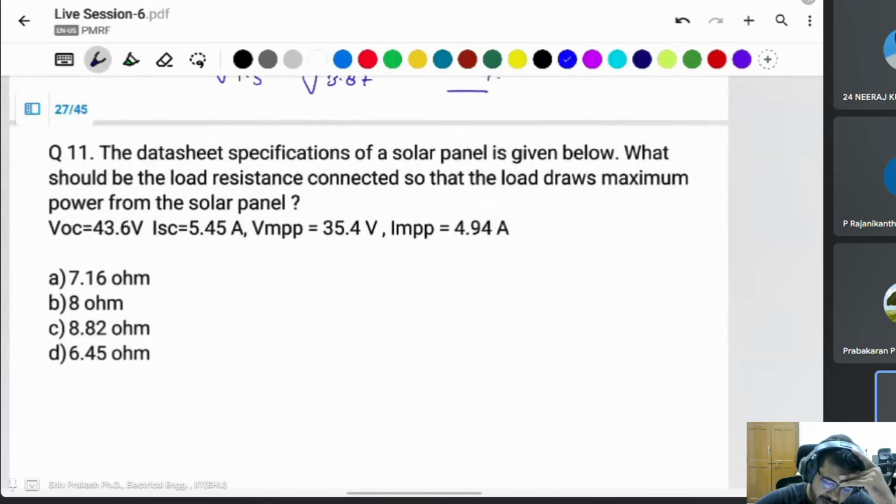The data sheet specification of a solar panel is given below: VOC is 43.6 volt, ISC is 5.45 ampere, and voltage at the maximum power point is 35.4 volt, and current at the maximum power point is 4.94 ampere. Then what should be the load resistance connected so that the load draws the maximum power from the solar panel?